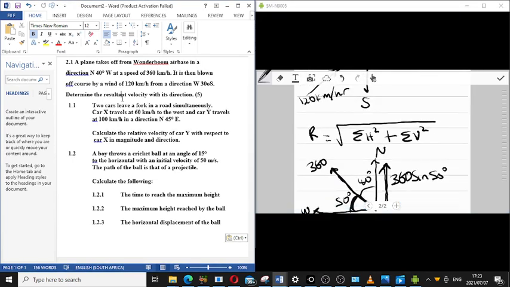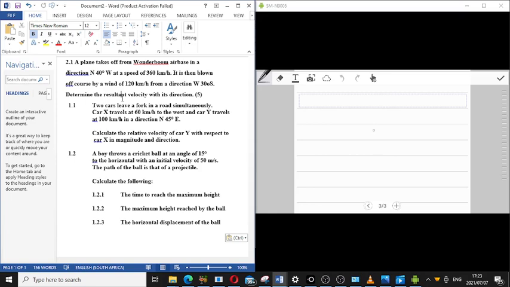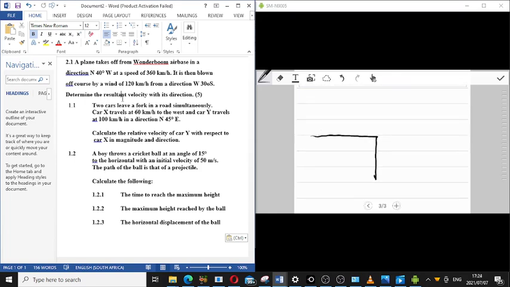The same applies if we do it again for our wind. This is west and south. Our wind is at an angle of 30 degrees, from the direction of west 30 degrees south.